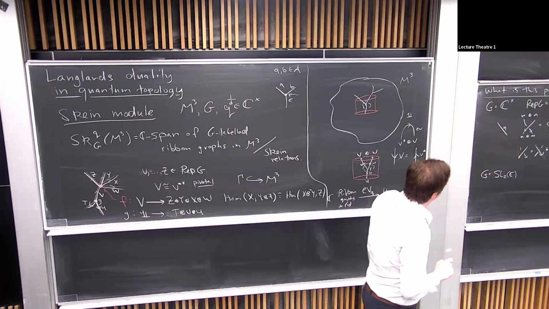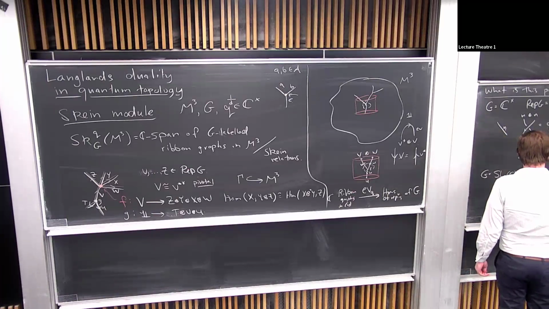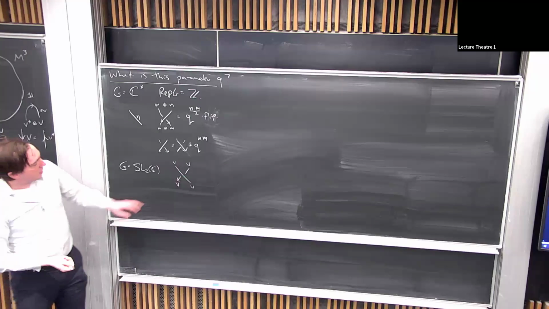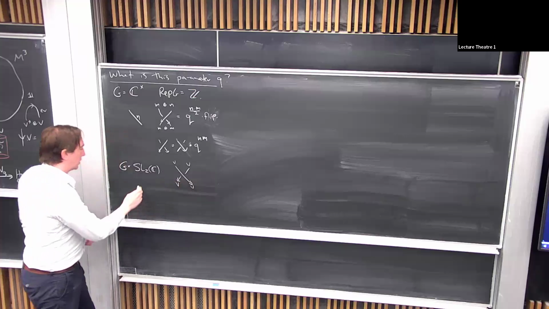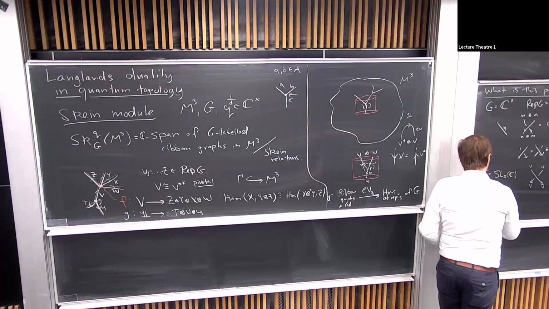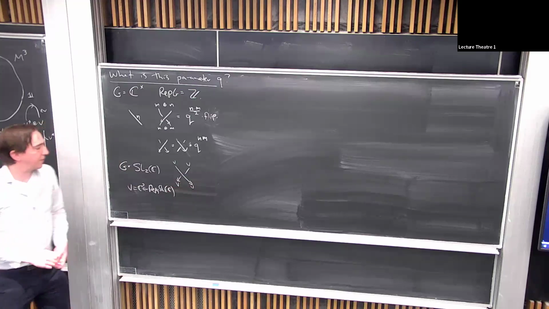And then the scaling relations are probably even more recognizable. I'm going to just always label by the defining representation. So V is C2, sitting inside Rep SL2.